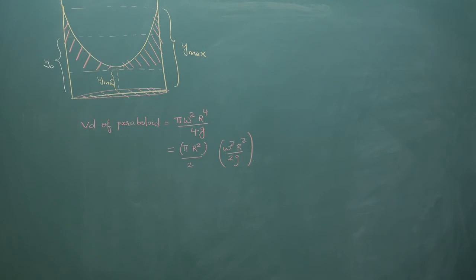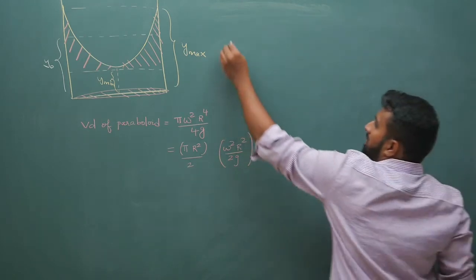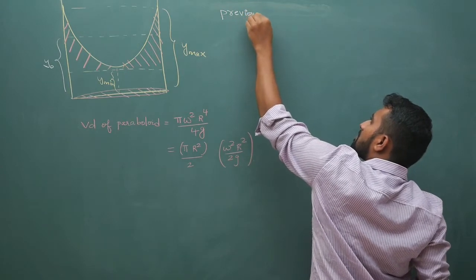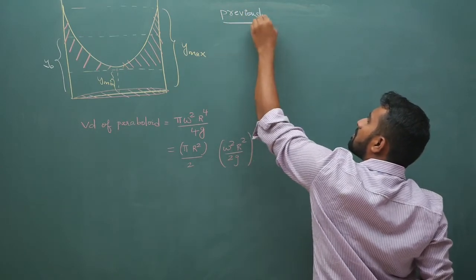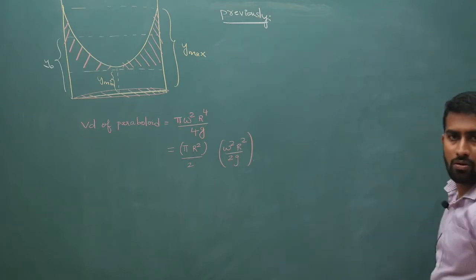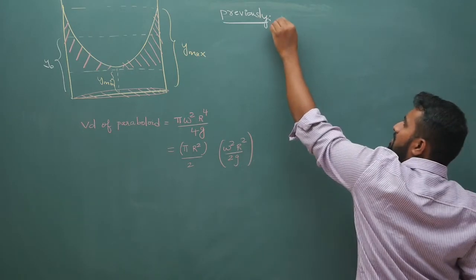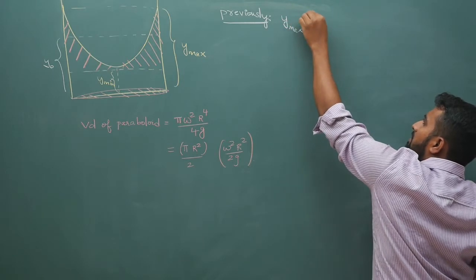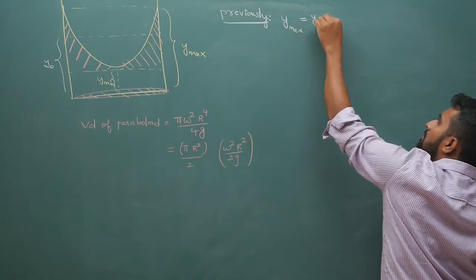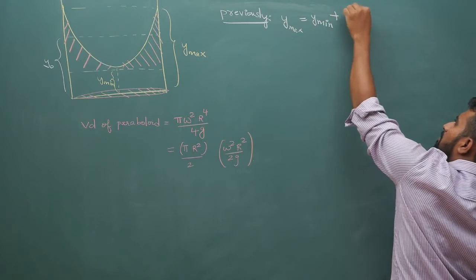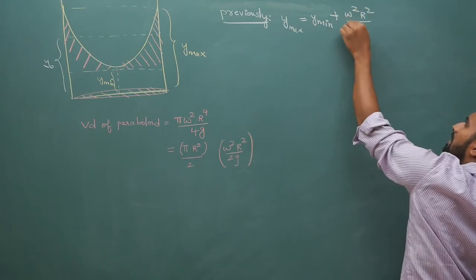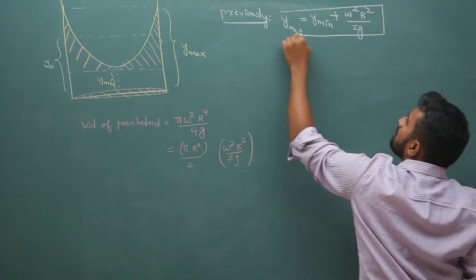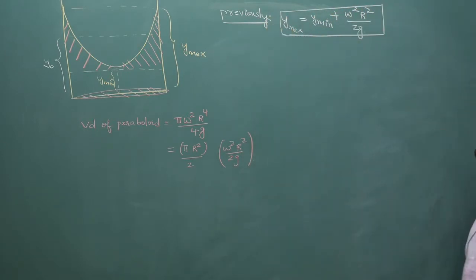Now observe carefully. Previously, from the starting of the lecture, y max is y min plus omega square r square by 2g. This is what I have got.